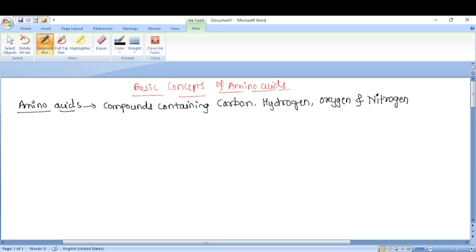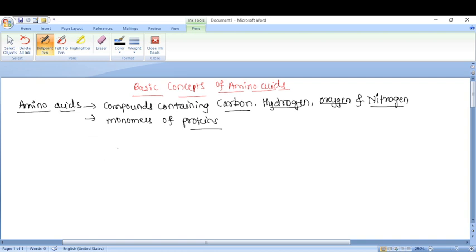These are present in the amino acid, that is carbon, hydrogen, oxygen, nitrogen. And these amino acids are monomers of protein. That means the proteins are made up of many amino acids.